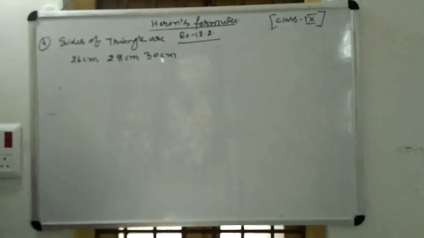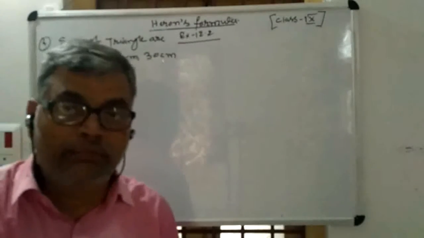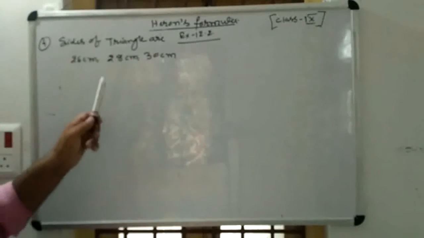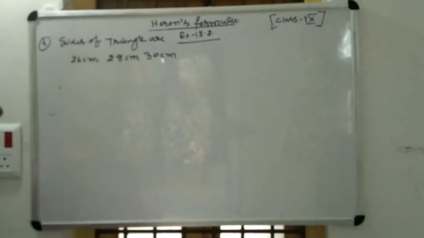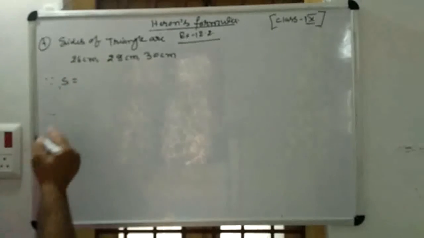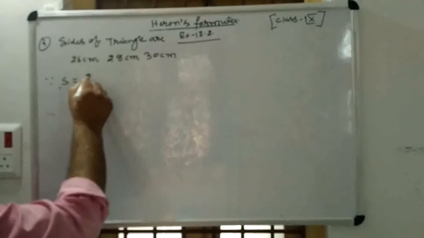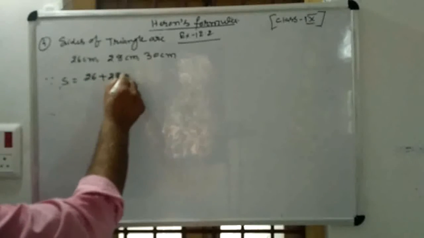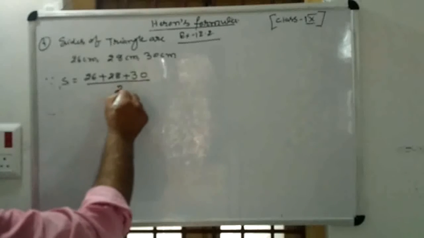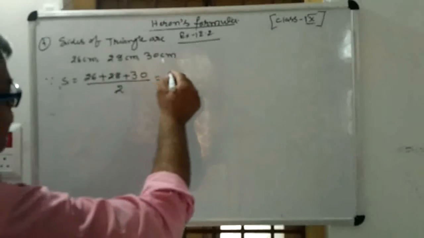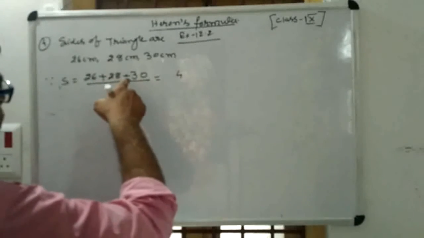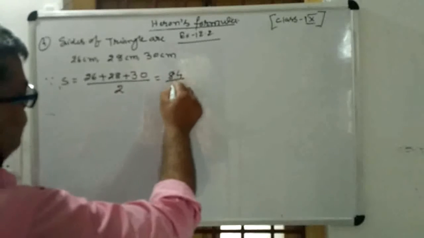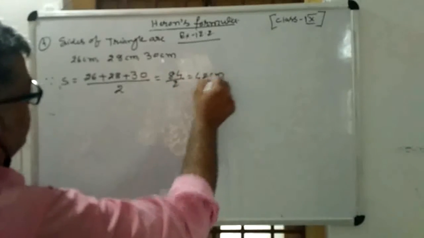And the question is saying that the area of a parallelogram is equal to the area of the triangle. So now we have to first find the area of this triangle. To calculate the area of this triangle, we need to calculate S, which is semi-perimeter. So S equals 26 plus 28 plus 30 by 2. When you add it together, it will be 84 by 2, which is 42 centimeter.